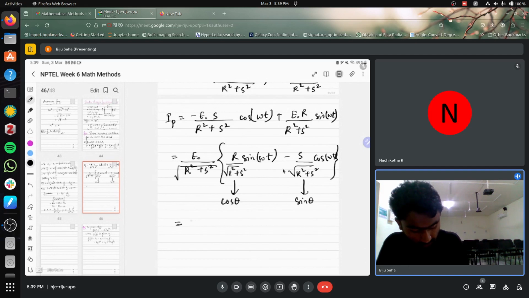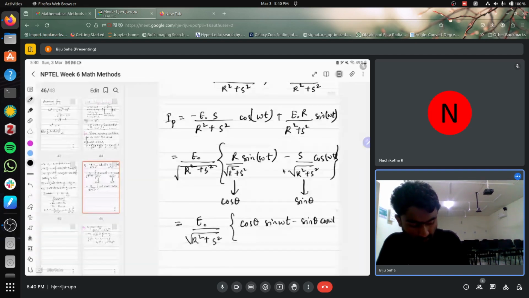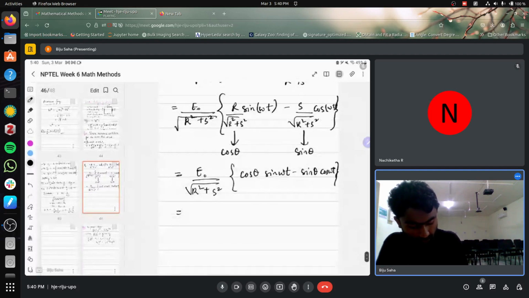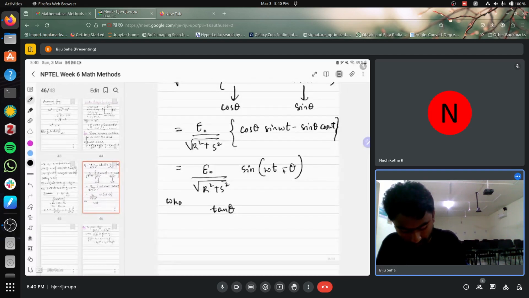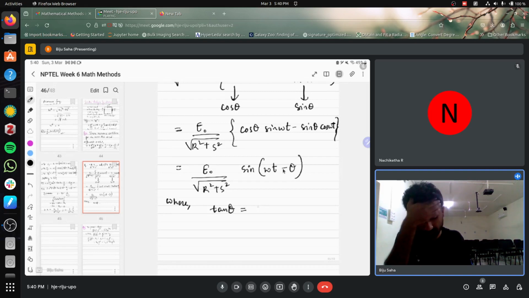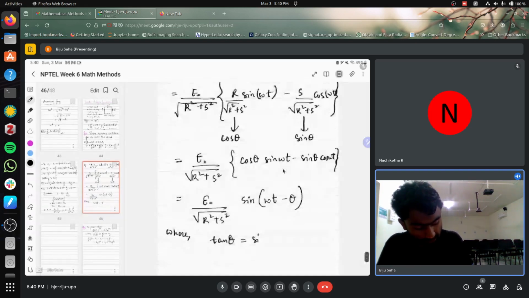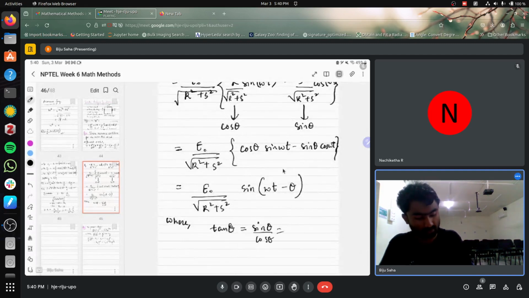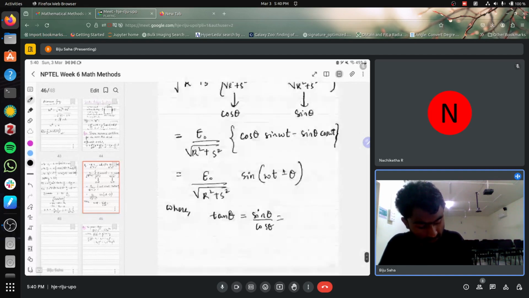When you do this, you have cos theta sin omega t plus sin theta cos omega t, which you can write as sin of omega t minus theta, where tan theta is equal to sin theta by cos theta. That is basically S by R.